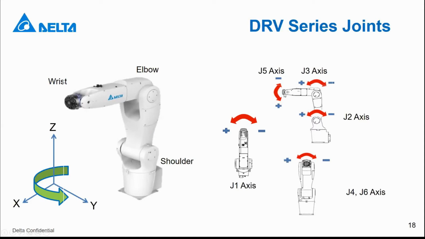Joint 5 at the end moves the wrist in the same direction as the other two axes. And joint 4 and joint 6 are on one line of the robot. Here is joint 6, and in the middle of arm 2 is joint 4, and they move in the same direction.